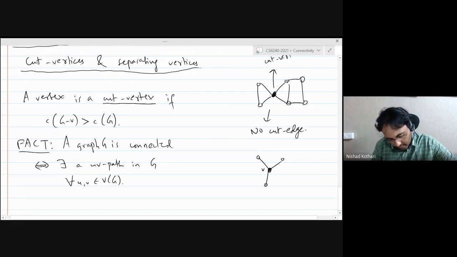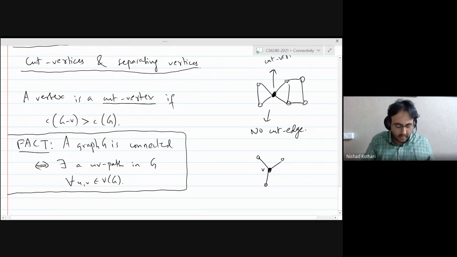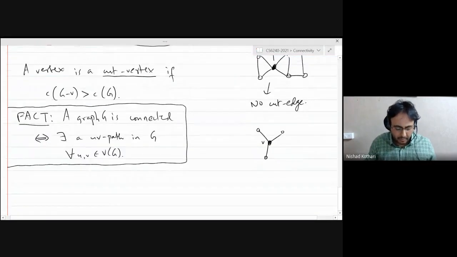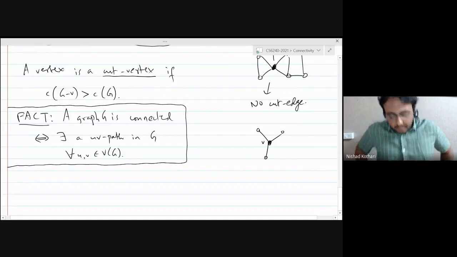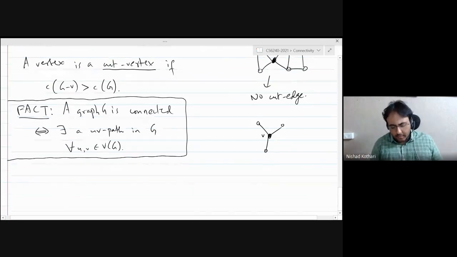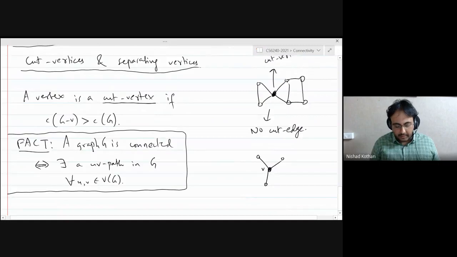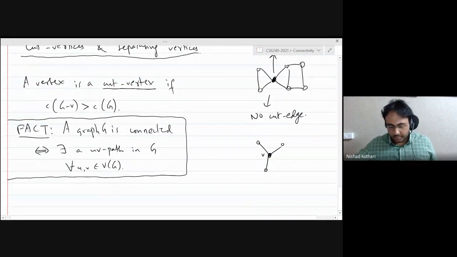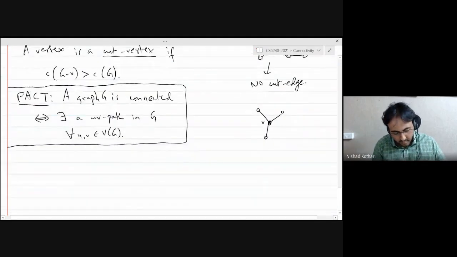So this is, in fact, some would say that this is a definition of a connected graph. But in most texts, the definition uses a concept called walks, and then using walks, you can prove that there is a path, right? But we won't talk about walks and trails and everything in this course. We will restrict ourselves to paths as far as possible. Okay. So that's what a connected graph is.